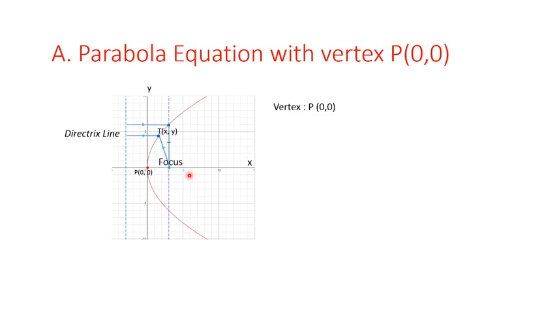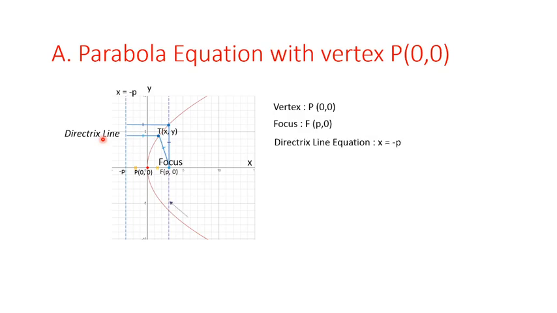So, for instance, the focus is p, 0, so we can calculate that the distance from the focus to the vertex is p, and from the vertex to the line here is also p, so this is equal to negative p because it is at the left. Because it is negative p, the directrix line's equation will be x equals negative p.